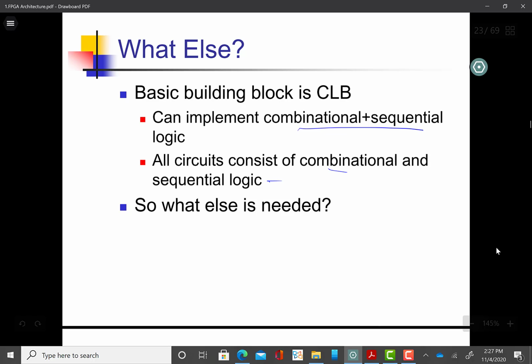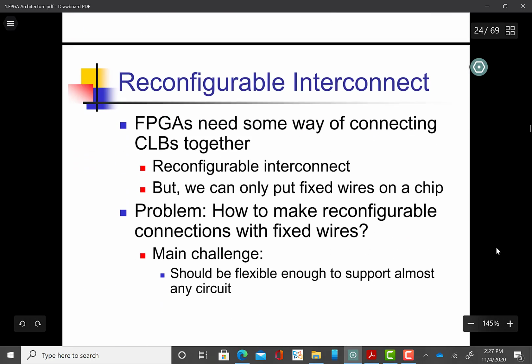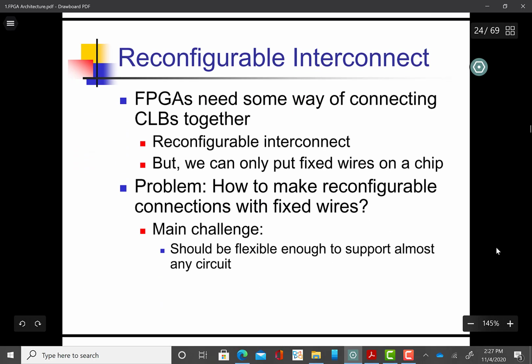So you would think that the CLB is all that is needed in an FPGA, but this is not true, because the most important element is the interconnect, or how we connect one CLB to another CLB, and this is a very important part of an FPGA. Sometimes this is called the routing architecture.